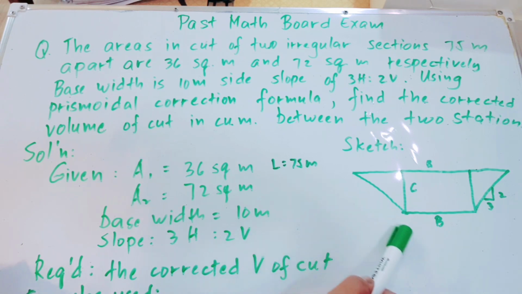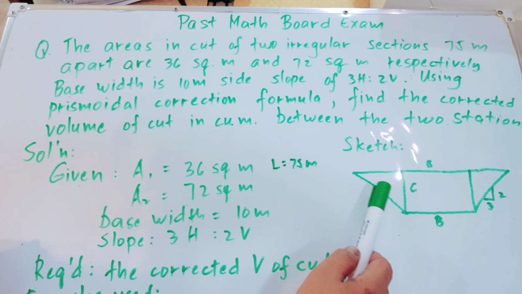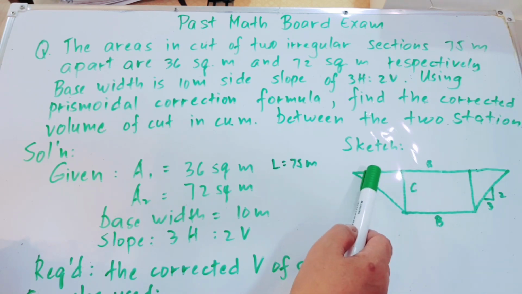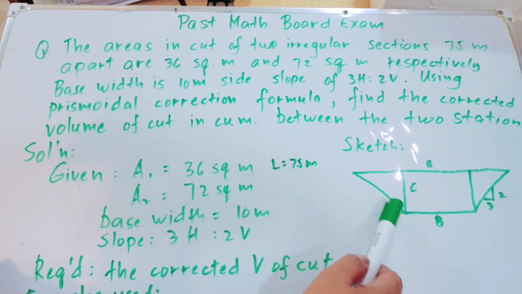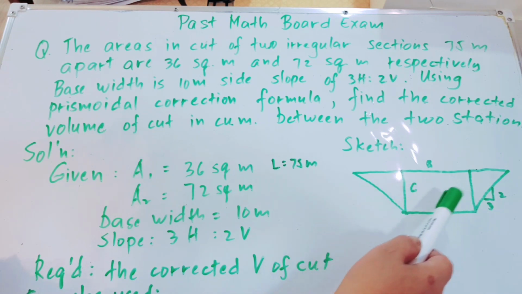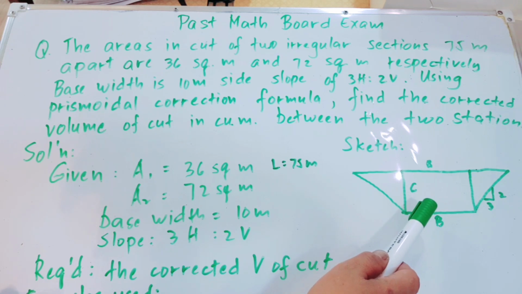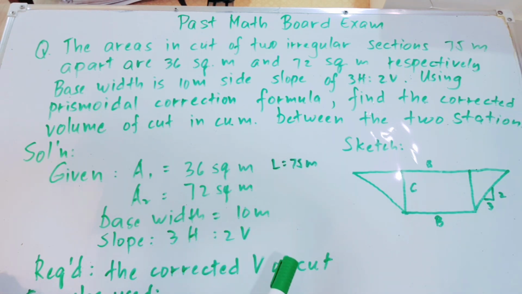If we sketch this, this is area 1. We have a trapezoid figure, two triangles and a rectangle. What is required here is the corrected volume of cut.